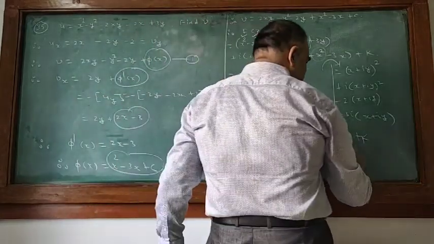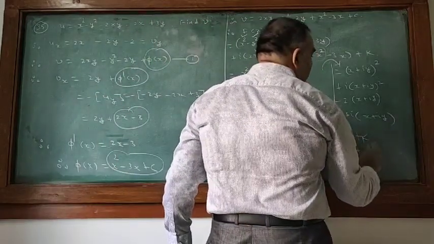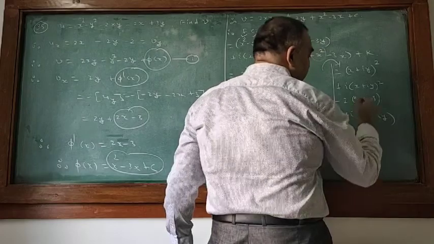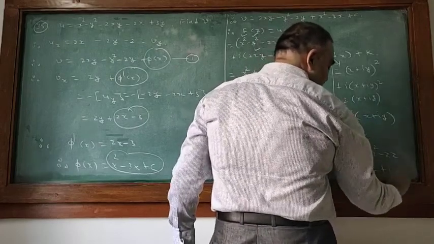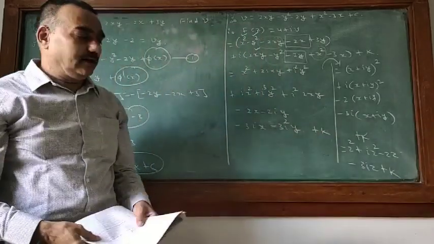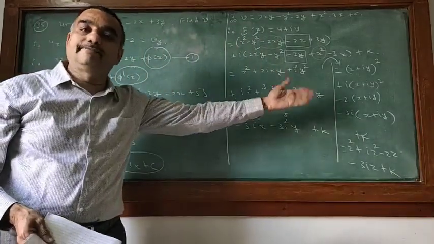So this is equal to z square plus i z square minus 2z minus 3iz plus k. This is the equation which we wanted actually in the form of z.